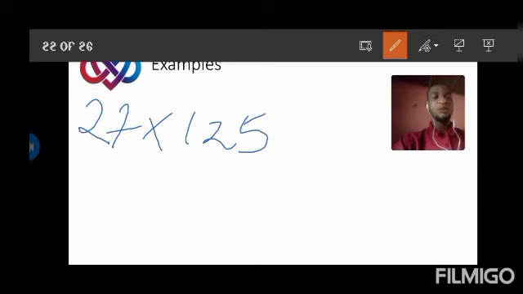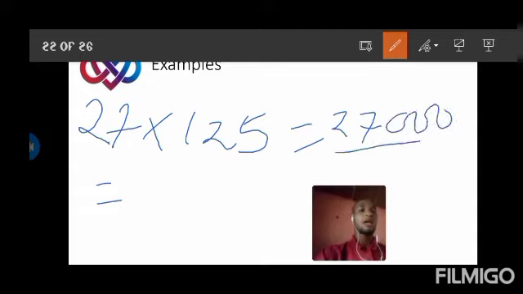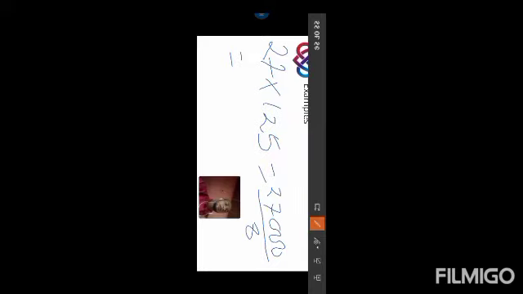So we still follow our law. The law is very simple. So what do we do here? Pick 27, then we add 3 zeros: 1, 2, 3, then divide by 8.